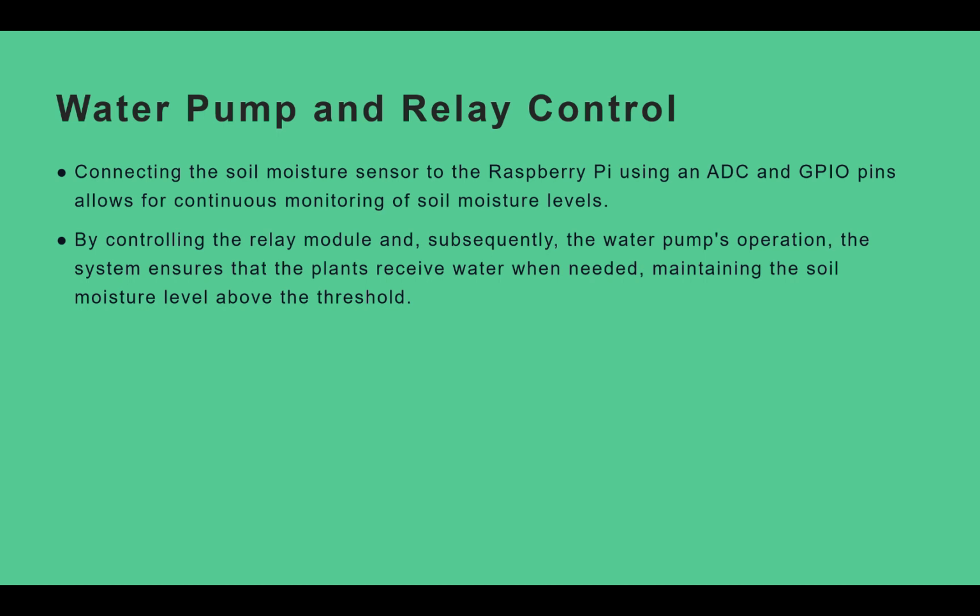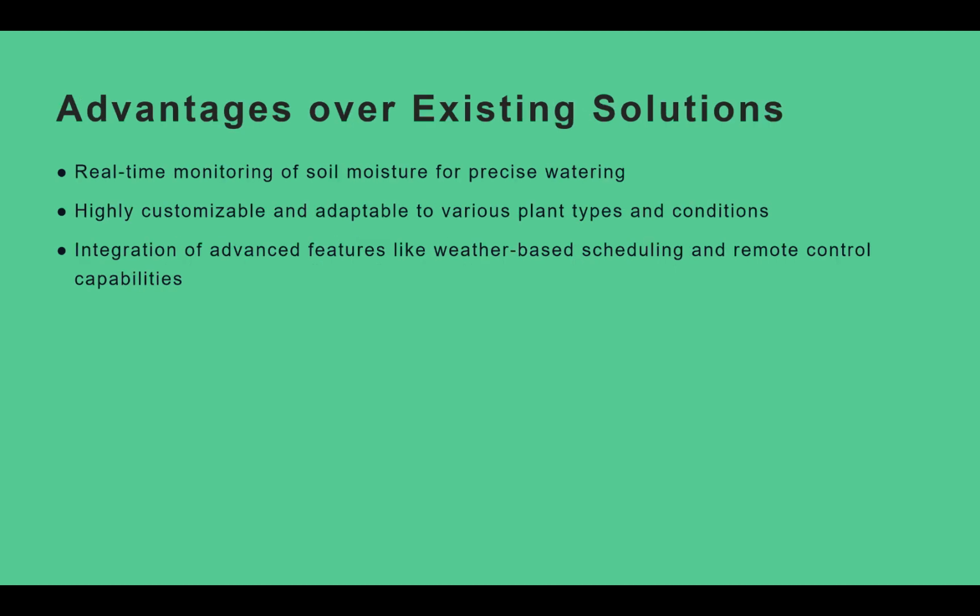When the soil moisture falls below the threshold, the relay is activated, and the water pump supplies water to the plants. Once the desired moisture level is reached, the relay is deactivated and turns off the water pump. That is the flowchart of the system.